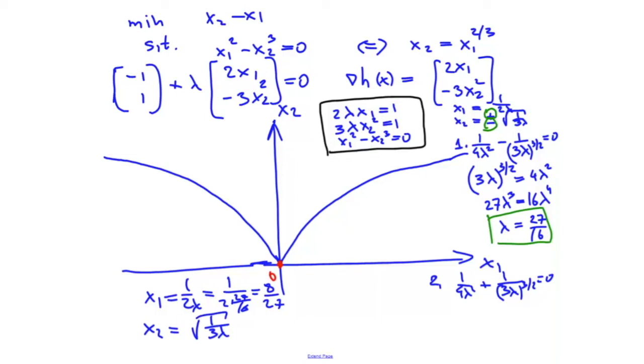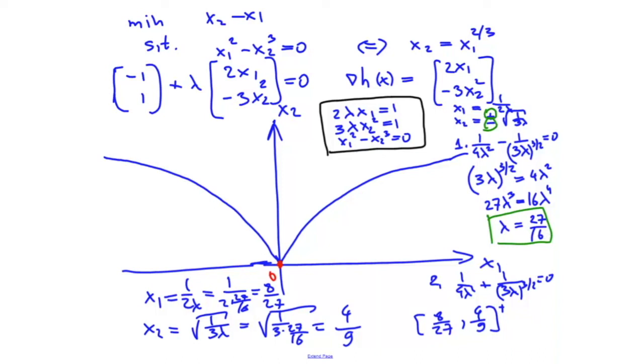All right, so we have square root of 1 over 3 times 27/16, which is 4 divided by 9. All right, so we have the point 8/27, 4/9. The corresponding Lagrange multiplier is 27/16.